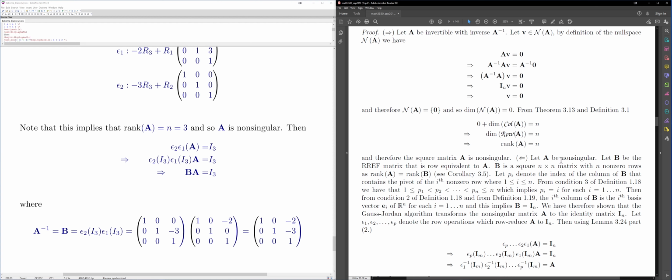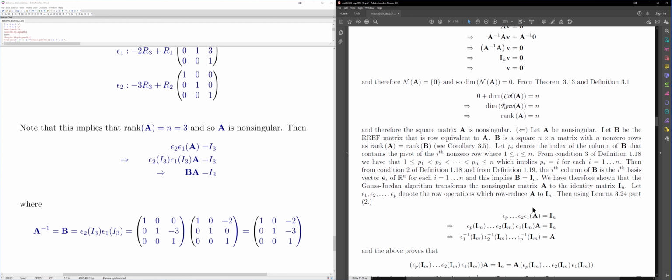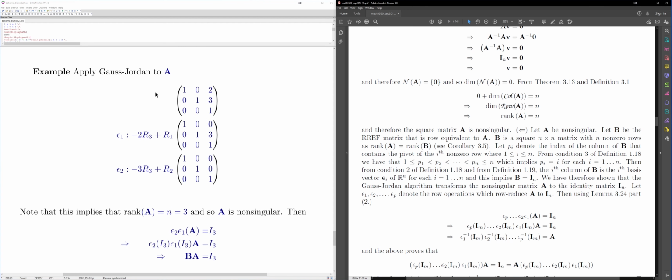I have a matrix A that is non-singular, and I apply Gauss-Jordan to it until I get the identity matrix. When A is non-singular, the Gauss-Jordan algorithm applied to A results in an identity matrix.